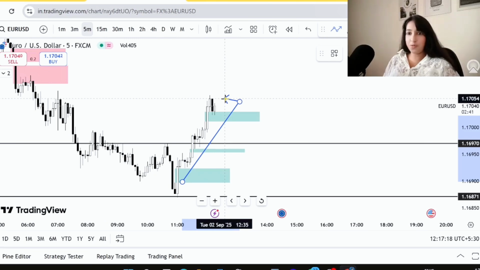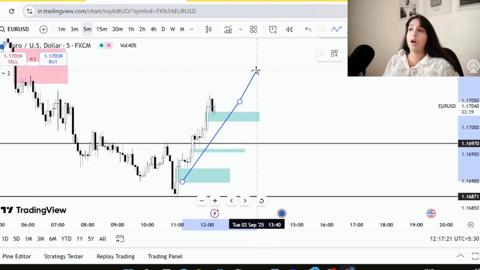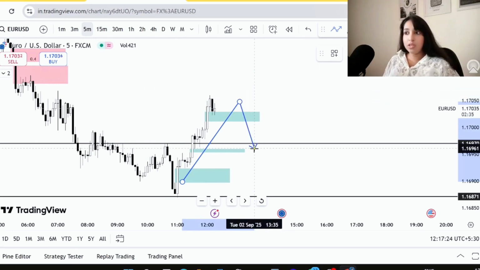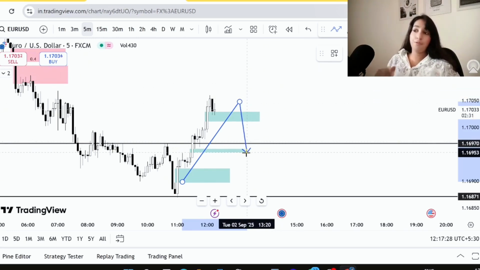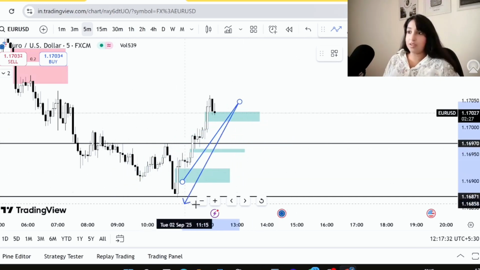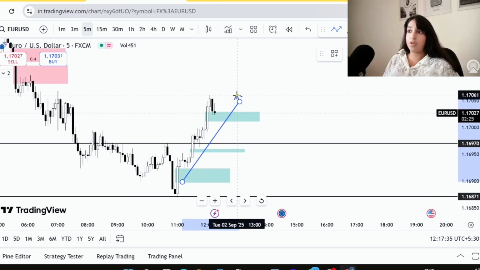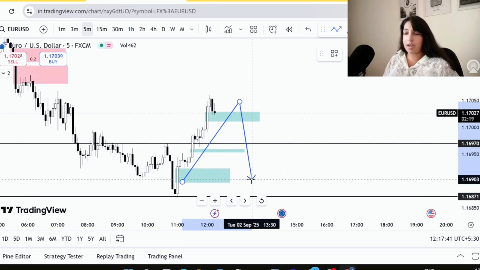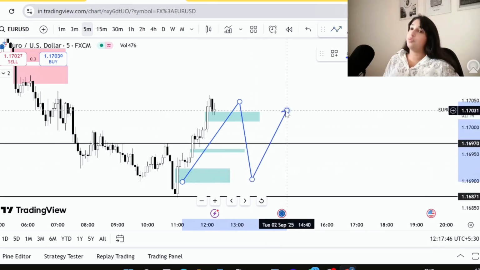The market has no fuel, so it can't go more up, right? So what it had to do is come down to recharge, to refuel. And if we know that the fuel is right over here, we know that the market is going to come down and recharge itself, refuel, and give us the move, right?